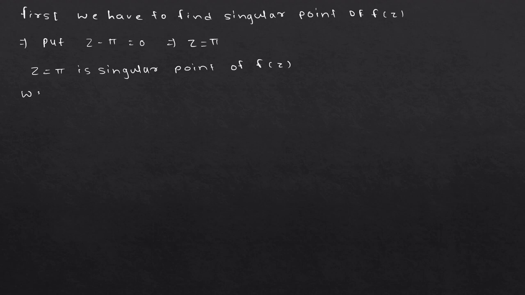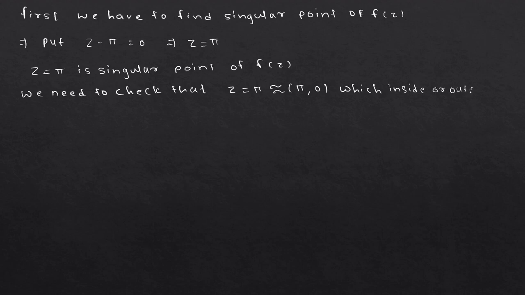Now we need to check whether z is equal to pi, which is similar to pi comma 0 in the xy plane, lies inside or outside C. Right?